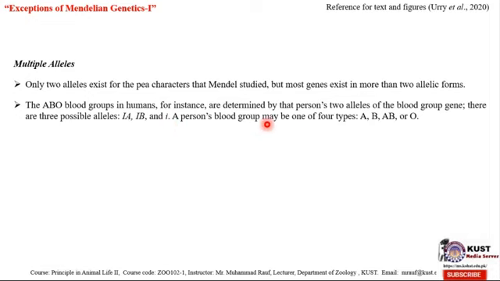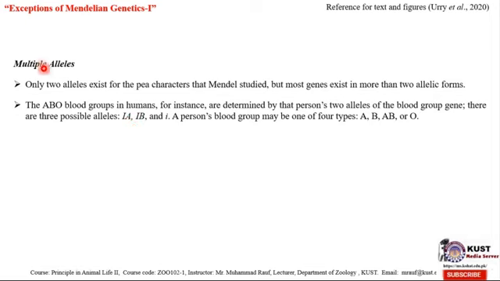A person's blood group may be one of four types: A, B, AB, or O. So you can see there are three different alleles in a population which determine the blood group. But a single individual can have a maximum of two alleles, because a gene can only exist in two alternative forms, but in a population there can be more than two alleles for a given locus.